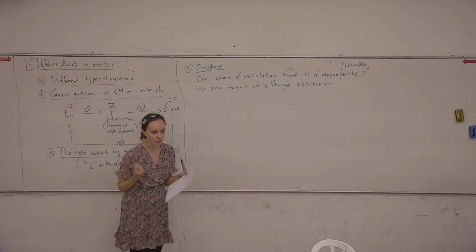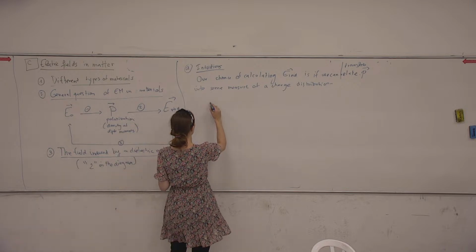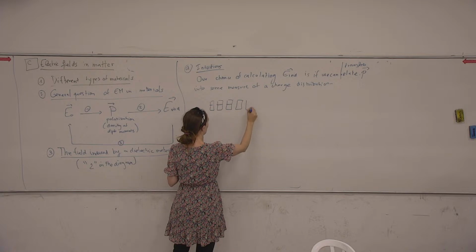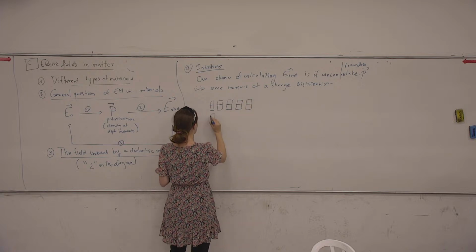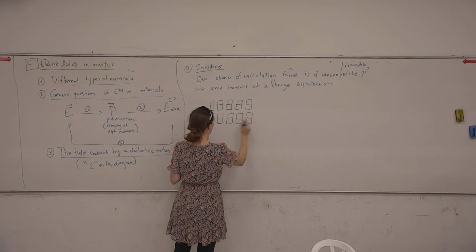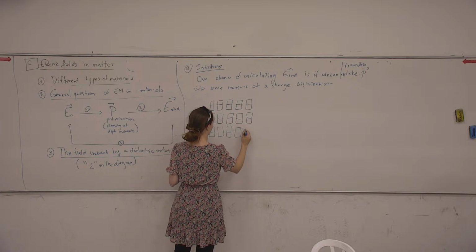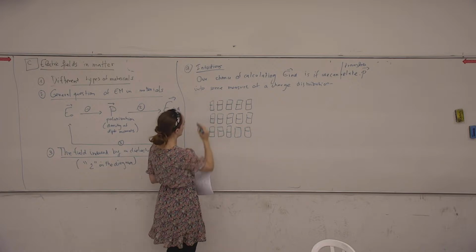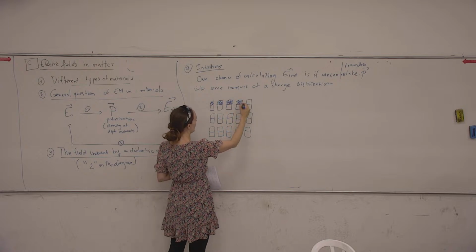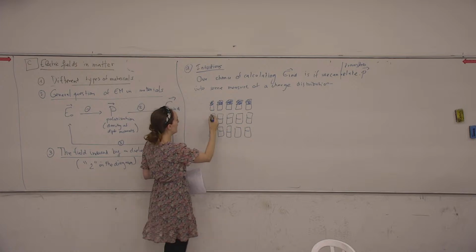And I will give you 2 cases where we will try to get an intuition. The first case is the following. I'm drawing here dipoles, these are pluses, these are minuses.